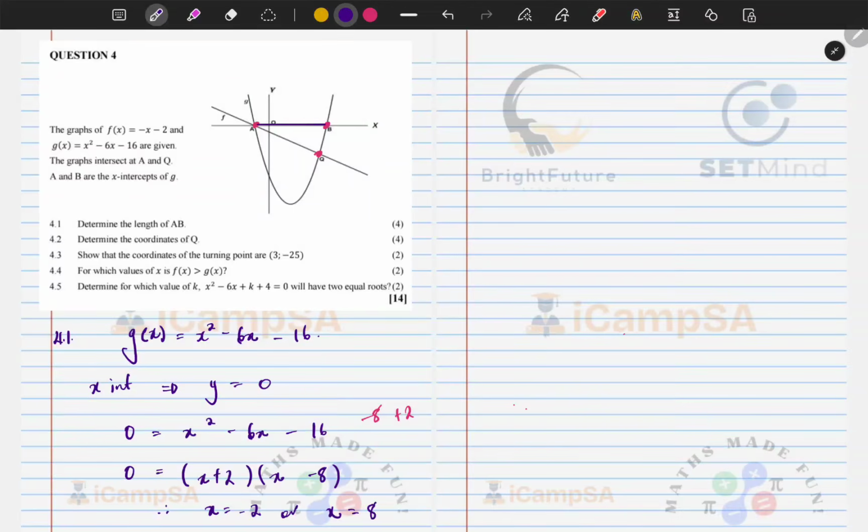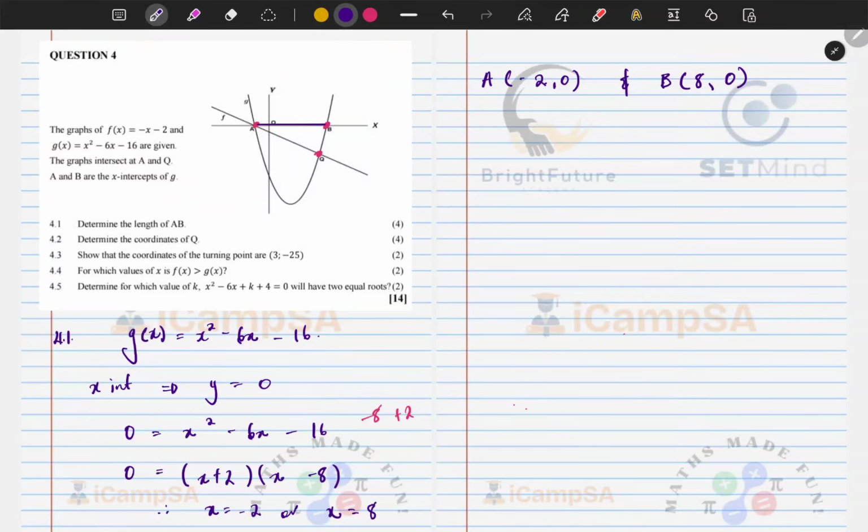So now I can decide. Because A is in the second quadrant, your A is going to be minus 2 and 0, and then your B will take on the positive value, which is 8 and 0.